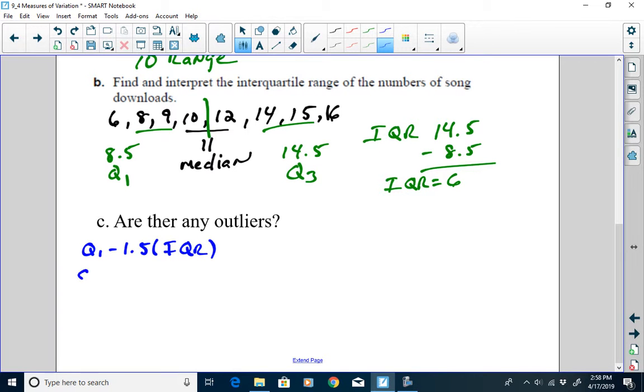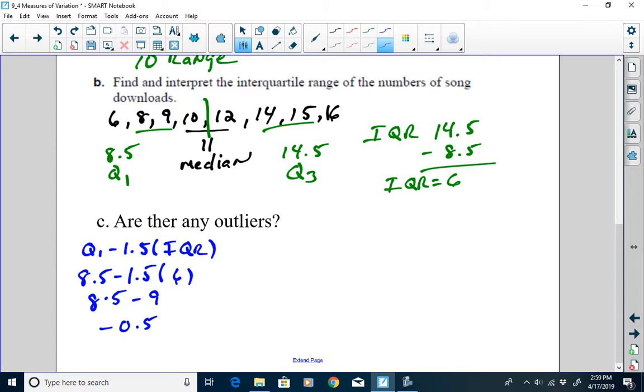My Q1 is 8.5, and I'm going to subtract 1.5 times my IQR, which is 6. 8.5 minus 1.5 times 6, which is 9, gives me negative 0.5 for my lower boundary. We don't have any values that are less than 0, and negative 0.5 would be less than 0, so there's no lower outlier.